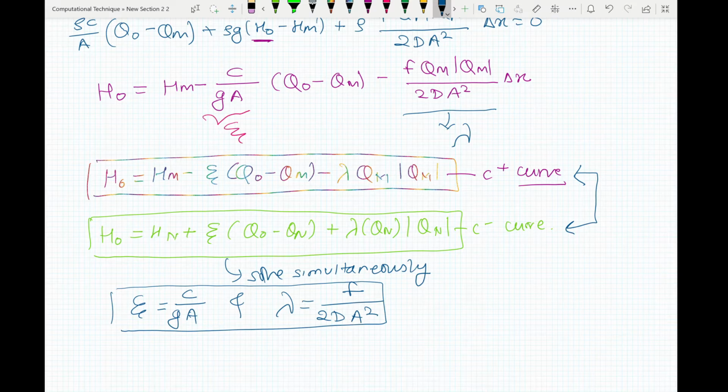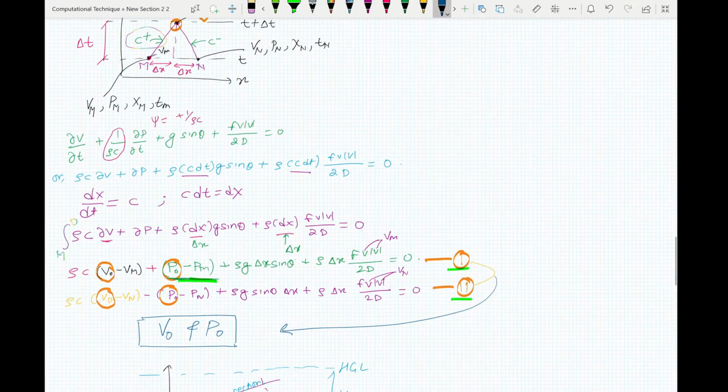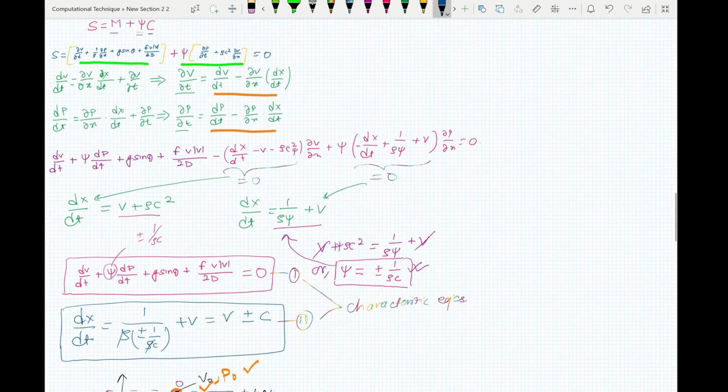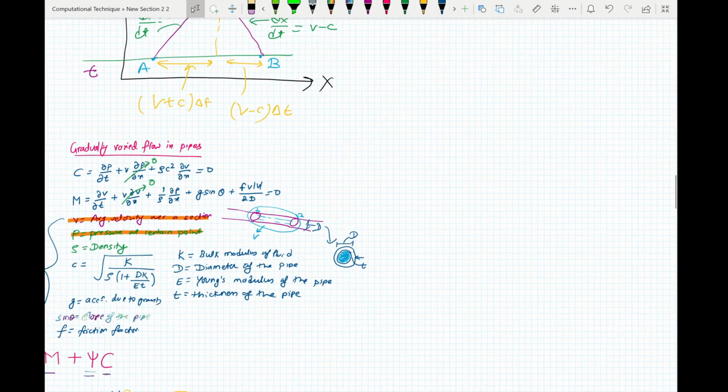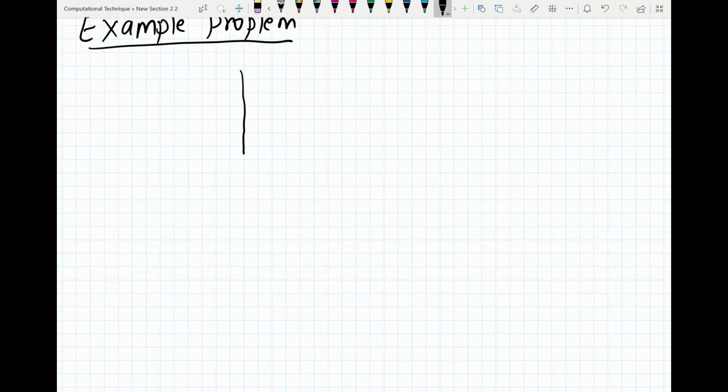Now we'll look into an example problem for the gradually varied flow in pipes. Let's say you have a reservoir here and you have a pipe.